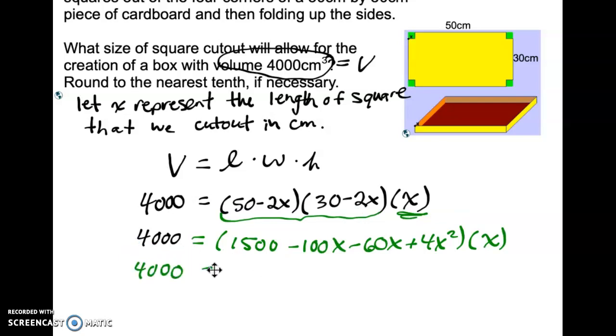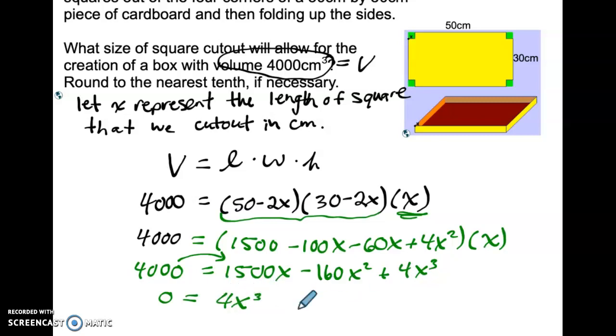So I would get 1,500x minus 160x squared plus 4x cubed. And then moving everything over to one side, so moving that 4,000 over, and putting everything in decreasing order of power, we're going to start with 4x cubed minus 160x squared plus 1,500x minus 4,000.